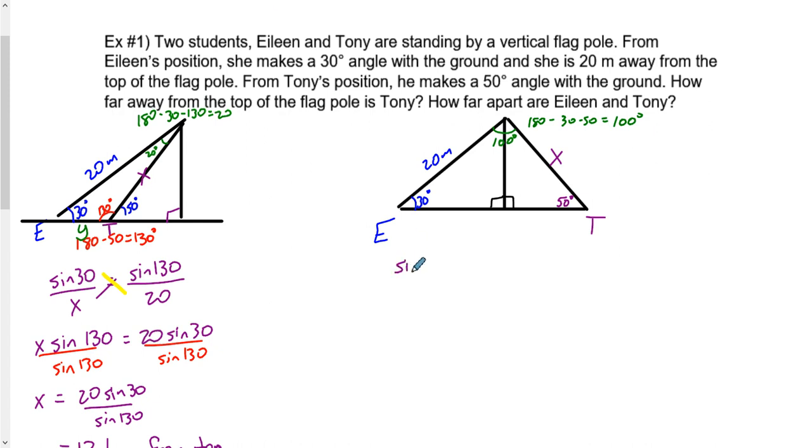Meaning, I have the sine of 50 over 20 is going to equal the sine of 30 over x. I know that I said when we did our sine law, you can invert these, so you could have 20 over sine of 50 and x over sine 30. They both work out. Do the cross multiplication.